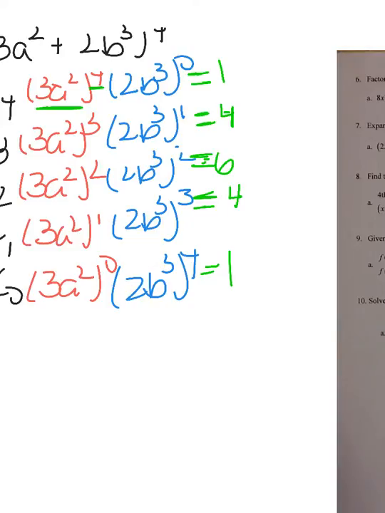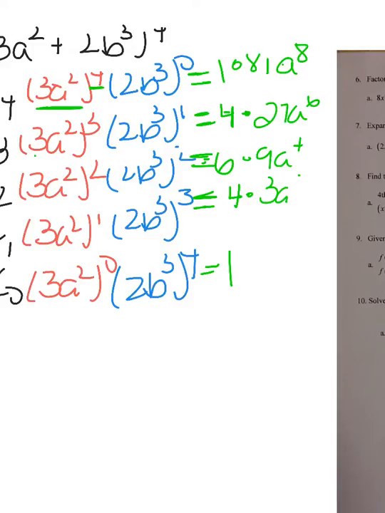So 3 to the 4th is 81. So it's 81a to the 8th times 27a to the 6th times 9a to the 4th times 3a squared times 1.